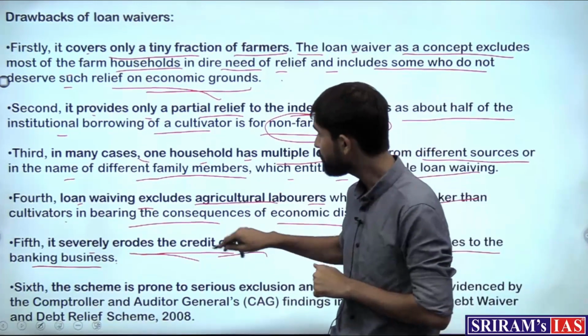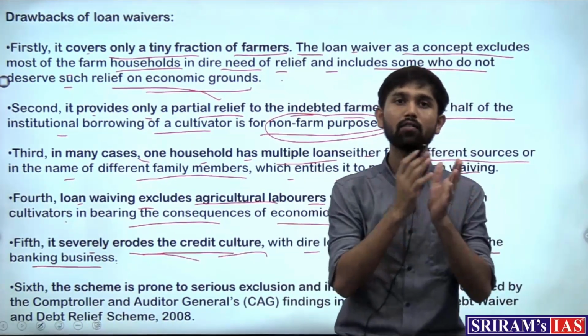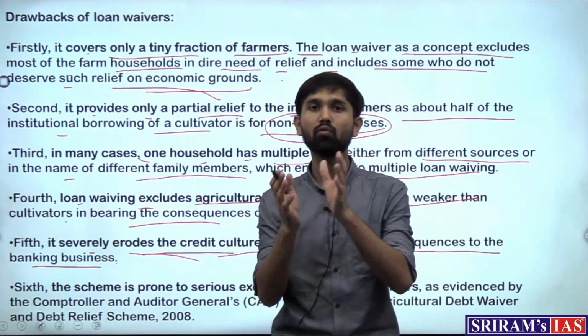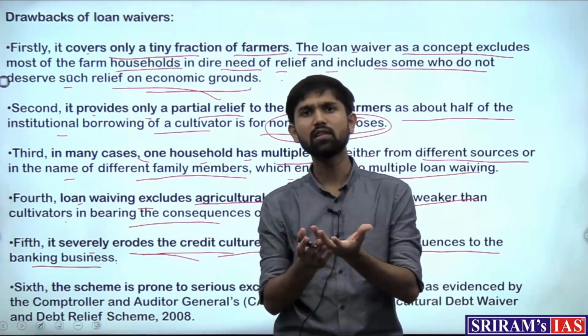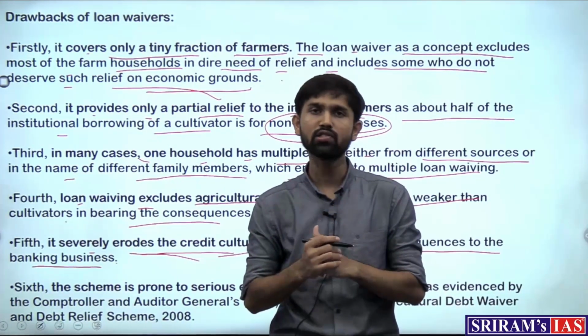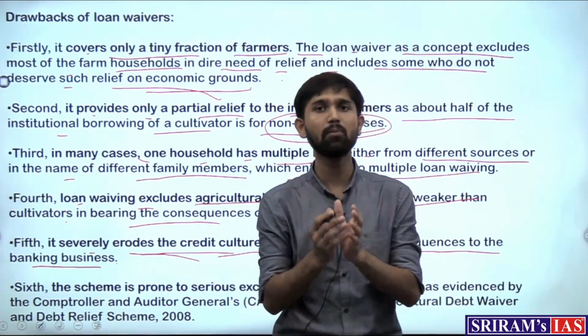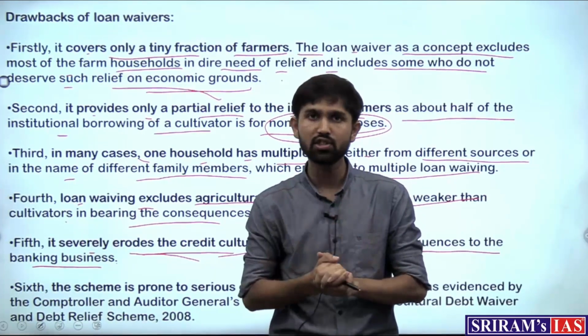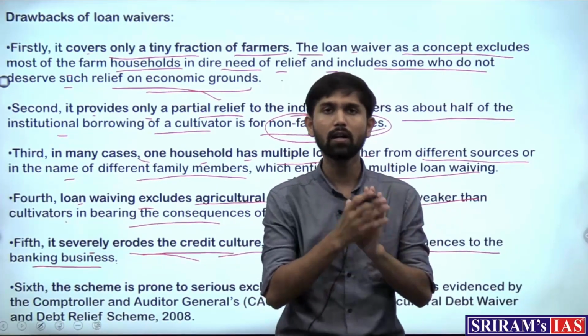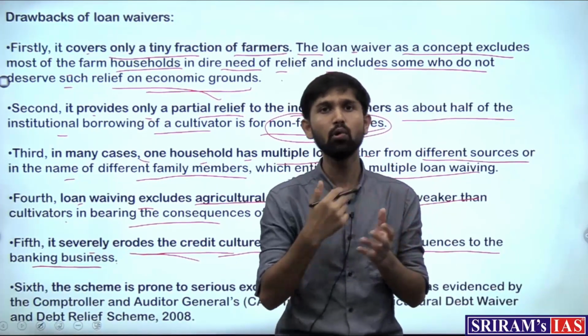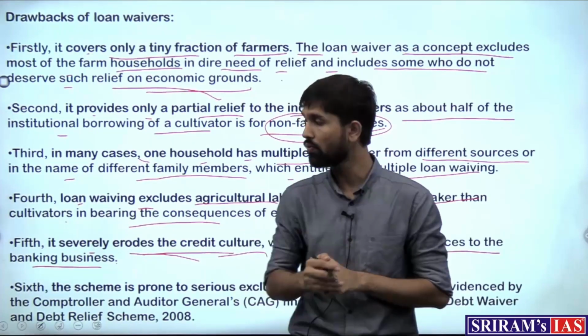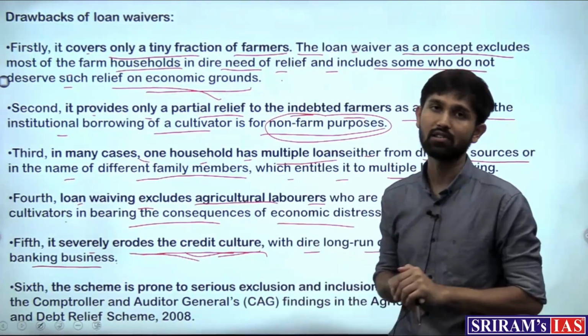Secondly, if the farmers get this perception that at the onset of election these loans can be waived off, will this not disrupt or hamper the credit culture of the state, wherein farmers would just take up loans and wait for the loans to be waived off? So it destroys the credit culture.